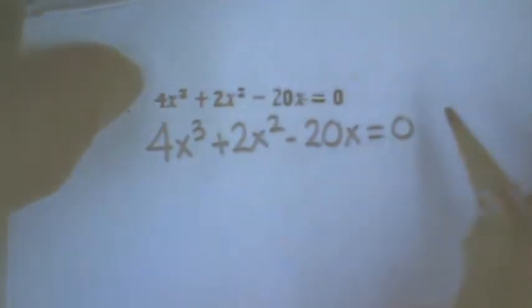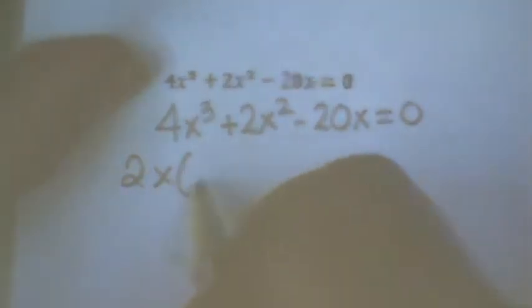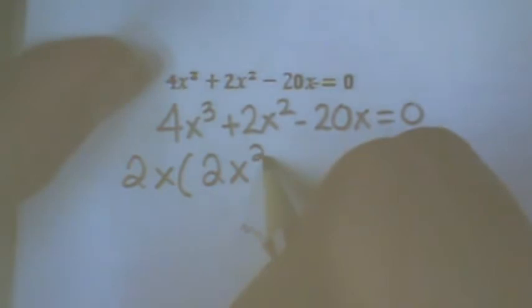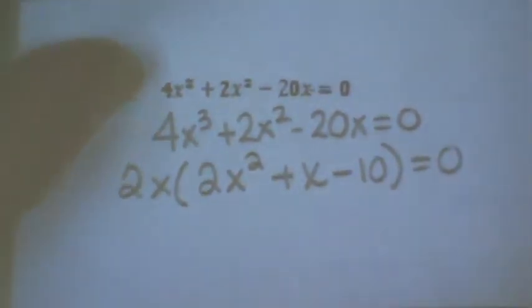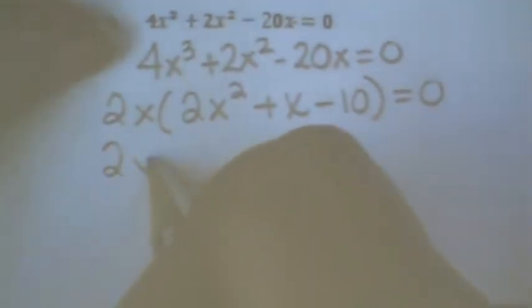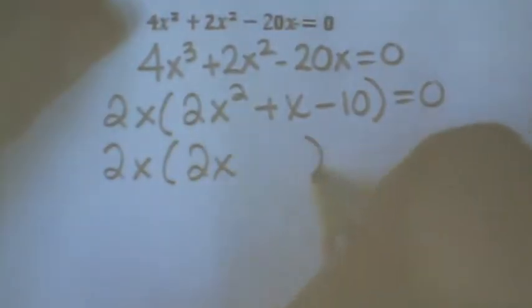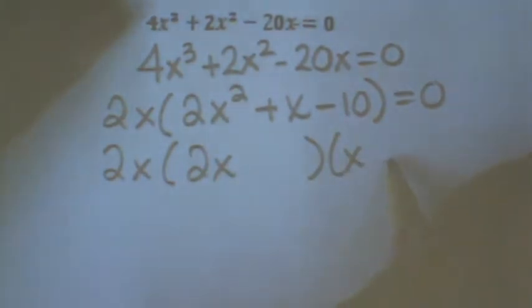This one says, it's hard to read, I believe, 4x cubed plus 2x squared minus 20x equals 0. I see a 2 and an x I can GCF out. So you're left with 2x squared plus x minus 10 equals 0. Let's try to factor this one. Maybe it's factorable. 2x times x, and we need 10. 5 times 2 is 10.